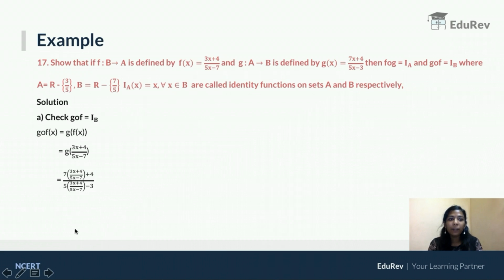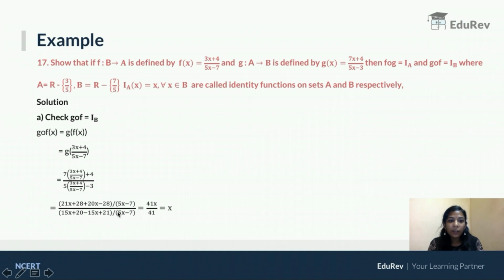So, what will happen? 7 into 3x plus 4 by 5x minus 7 plus 4, by 5 into 3x plus 4 by 5x minus 7 minus 3. If I take LCM, what will happen? 7 into 3x plus 4 plus 4 into 5x minus 7, by 5 into 3x plus 4 minus 3 into 5x minus 7, over 5x minus 7.